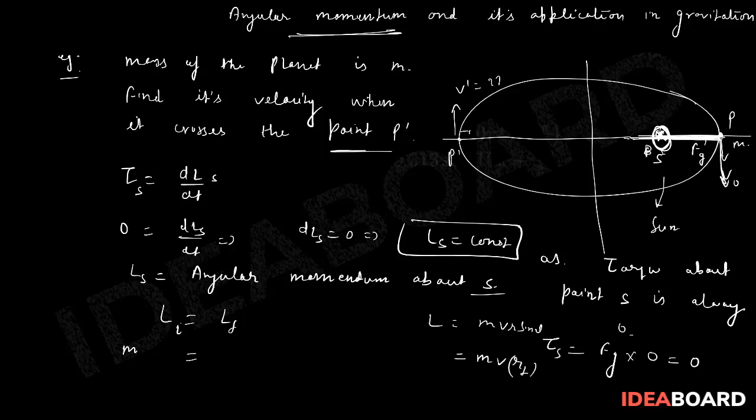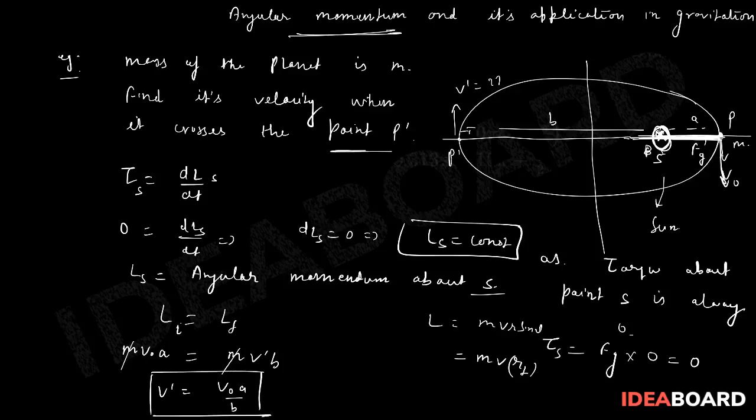R sin theta becomes r perpendicular, so it is m v0 into, let's say this distance is a and this distance is b, so mv0 a is equal to mv dash into b. This m and m cancel out, so v dash will be v0 a upon b. Pretty straightforward and simple. So this is the application of angular momentum conservation in gravitation.